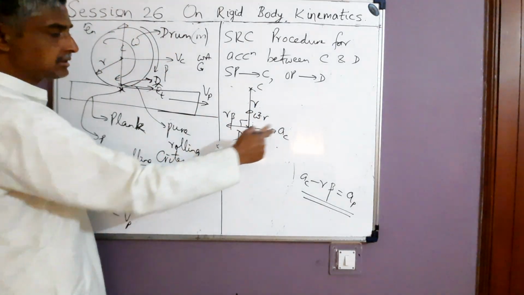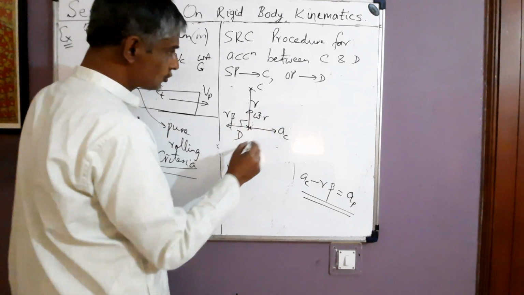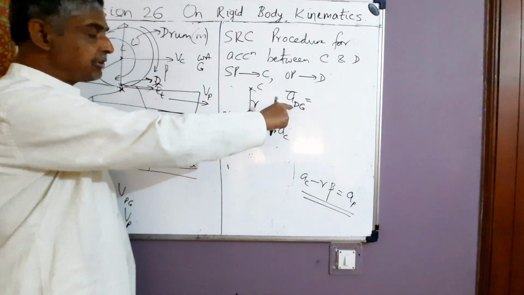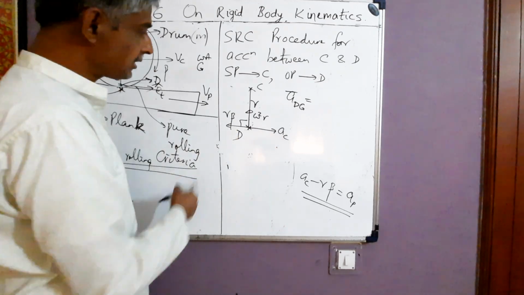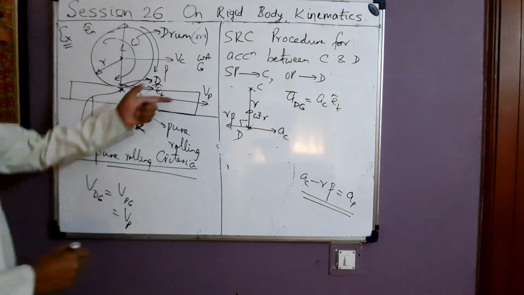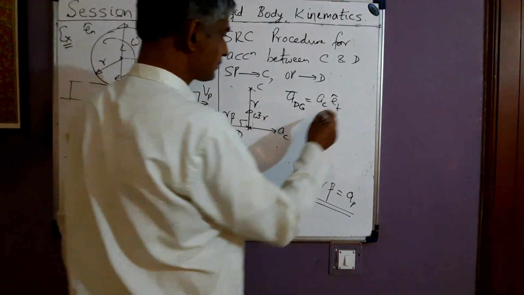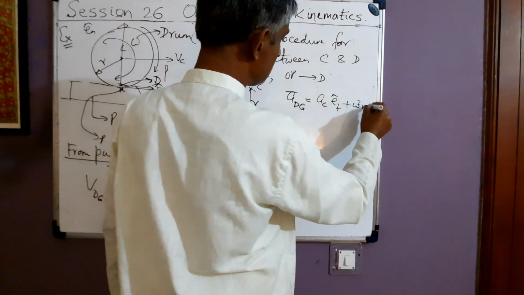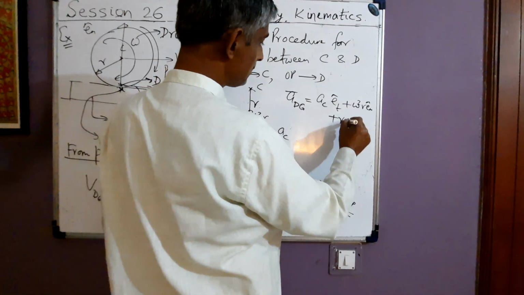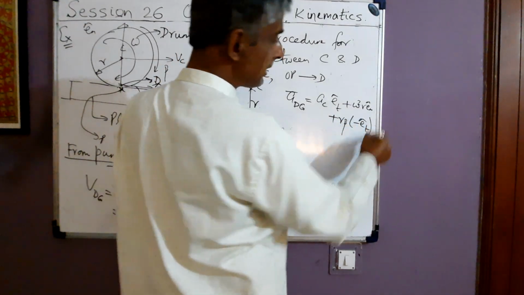Now acceleration of D is the vector sum of these three. So ADG, G for ground. Acceleration of point D with respect to ground is the vector sum of these three. So this becomes AC ET hat, ET hat being the unit vector in this direction, plus omega square R EN hat, and R beta minus ET.